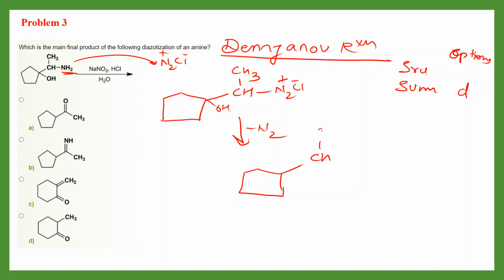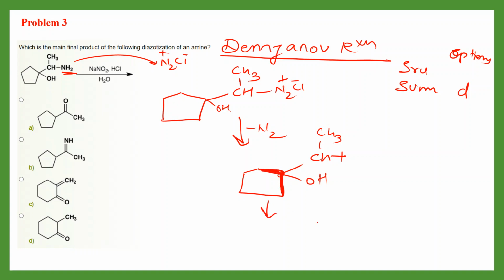So just tell me the next step. Here it will form a carbocation, correct? Now you have to do something that can bring a positive charge on this carbon. So just break either this bond or this one.